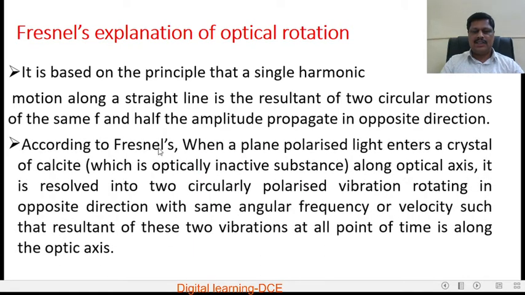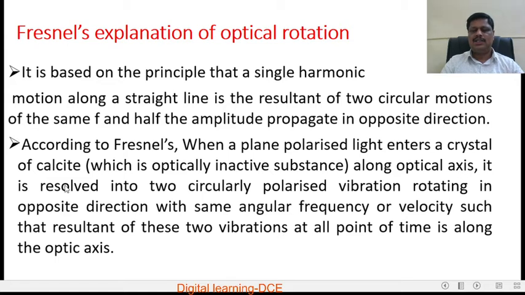According to Fresnel, when plane polarized light enters a crystal of calcite, which is an optically inactive substance, it does not rotate the plane of vibration or polarization, either towards left or right, along the optic axis.